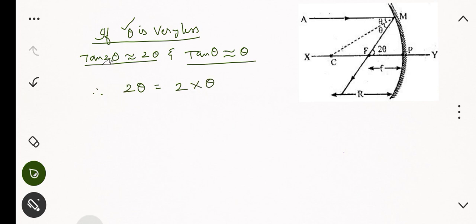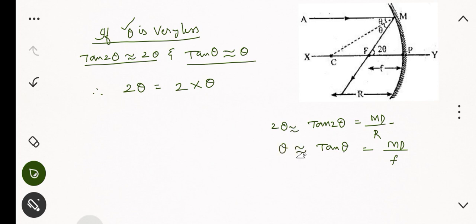Here 2 theta is approximately equal to tan 2 theta, and theta is approximately equal to tan theta.